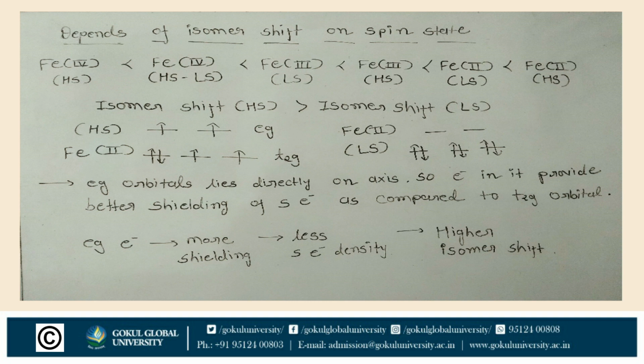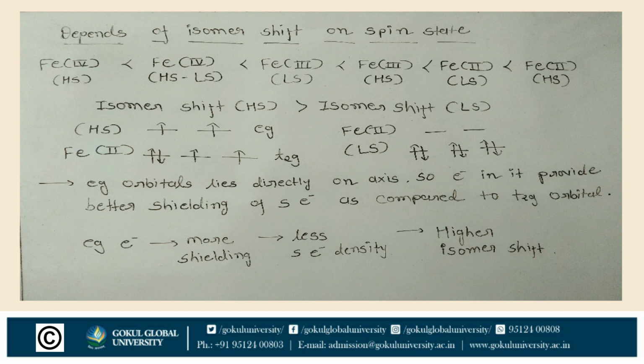Now, why does it happen? We can see this is the iron plus 2 in the high spin state, and this is the iron plus 2 in the low spin state. In the low spin case, all the electrons are in the T2g orbitals, while the Eg orbitals are vacant.